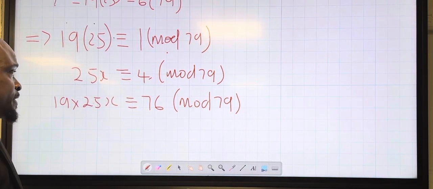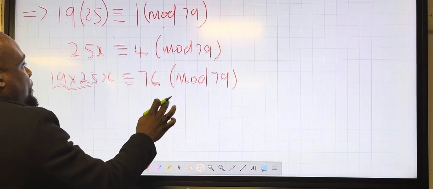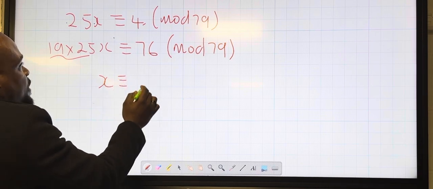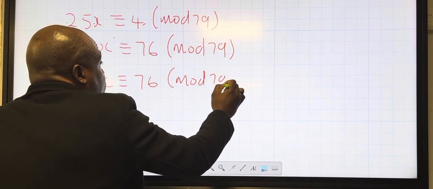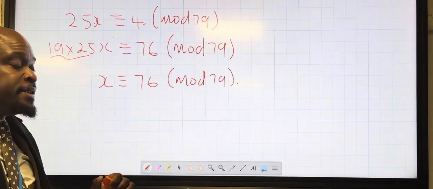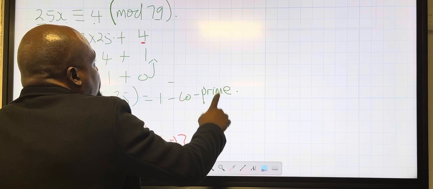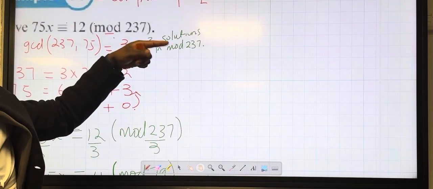And that's correct. So these two cancel x. So in other words, x is congruent to 76 in mod 79. But if you paid attention, I said we are expecting to get 3 solutions in mod 237.